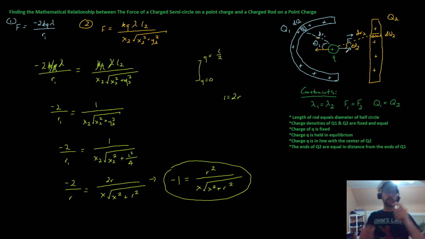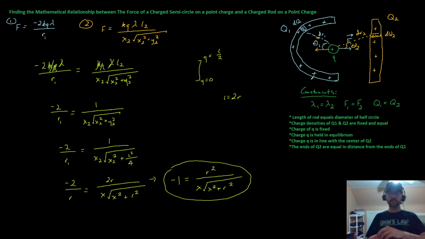So how far apart these two continuous charges are from the point charge is what we came up with mathematically, a mathematical relationship for those values, how they depend on one another in this setup.